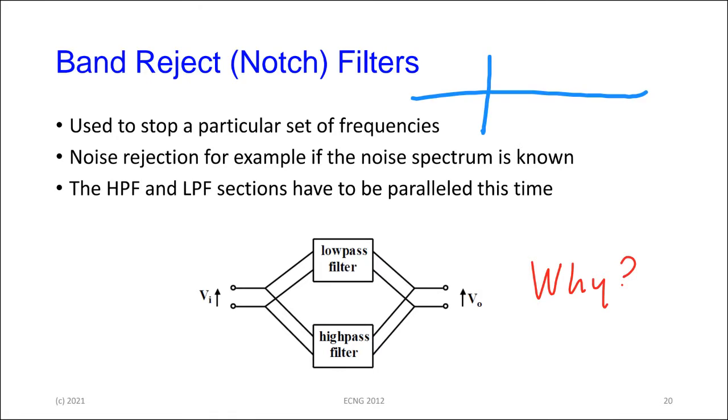You know that the low pass filter is going to give you that, and the high pass filter is going to give you this. So if you put the two of them together somehow, you're going to have something like this, which is hopefully what you want. So the missing part, or the notch, will be there.